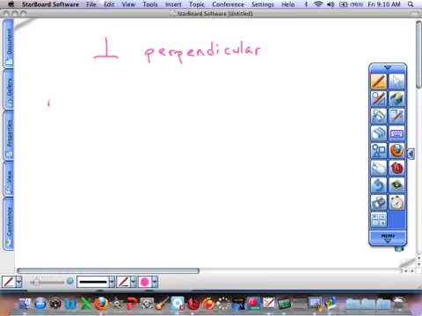So what I want is some way to draw this for me. Who thinks they can draw that? Yep, they're going to intersect at a right angle. Okay, anybody want to try drawing that? Go ahead, Zach.